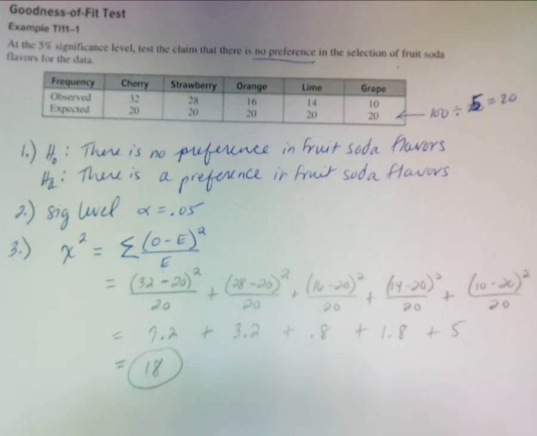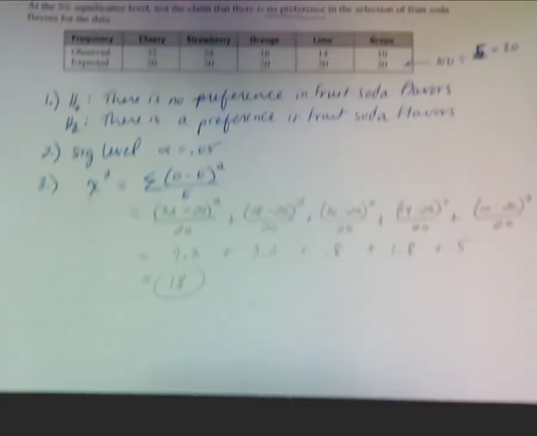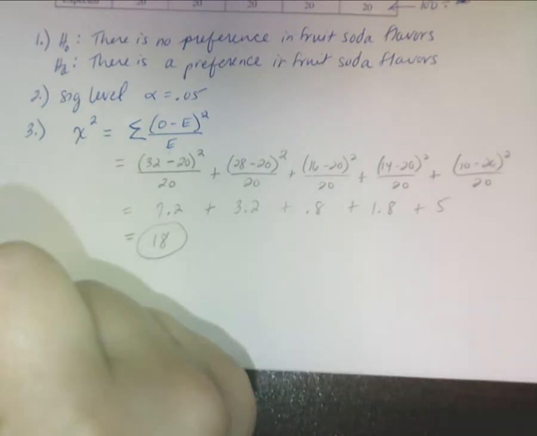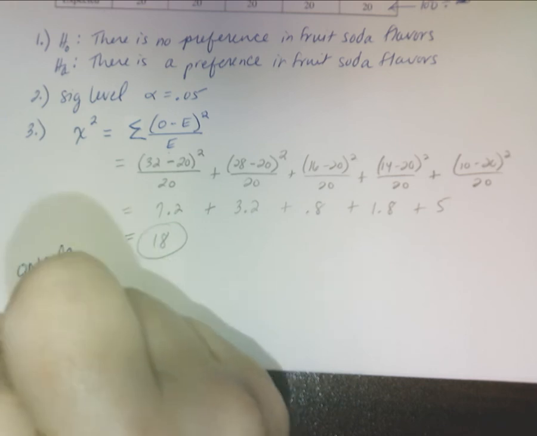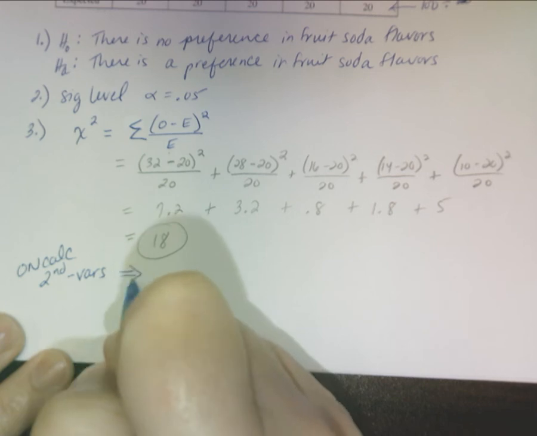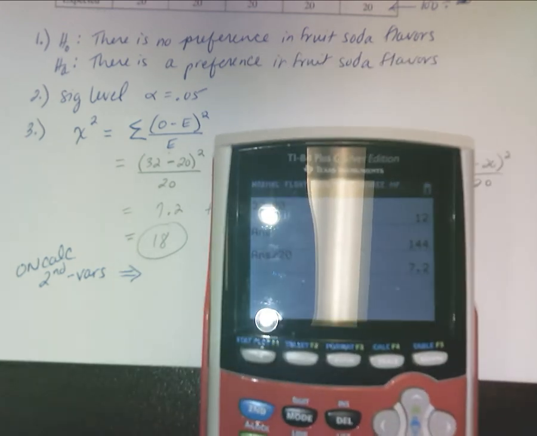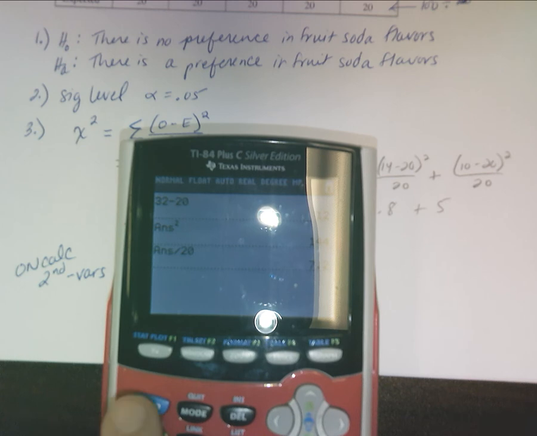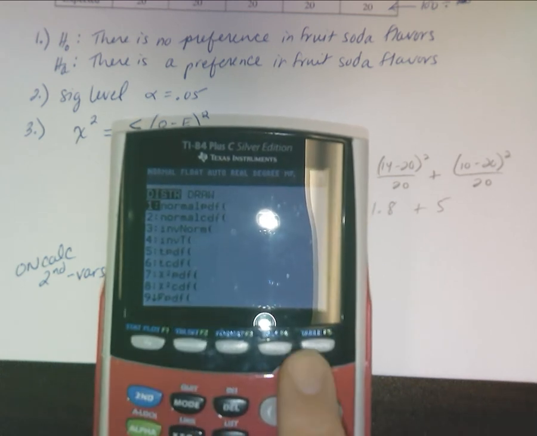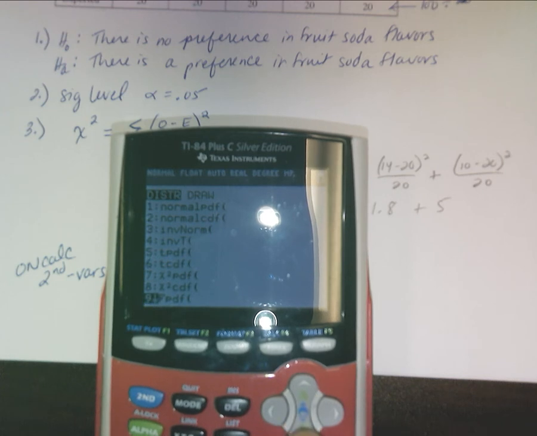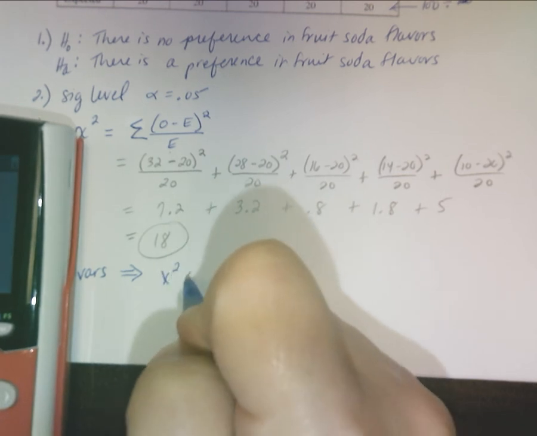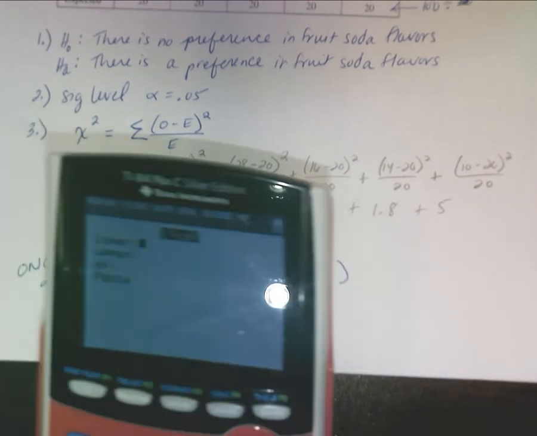From here, once you get that number, you're going to want to write this down. Okay, you are going to go to your new best friend on the calculator, I should say, on calc. You're going to go to second vars. So let me show you. Second vars. And go down to where it says chi-squared CDF, which is number 8. Chi-squared CDF. Now, it's going to be 3 numbers you have to type in.